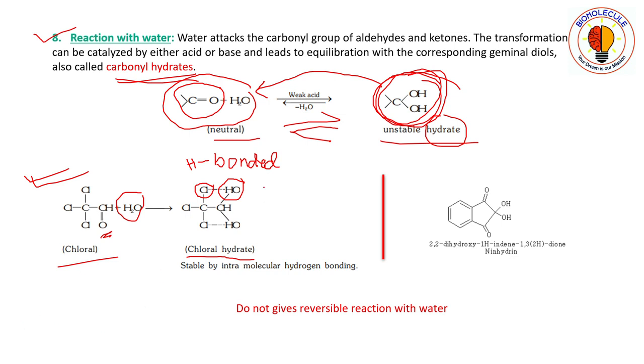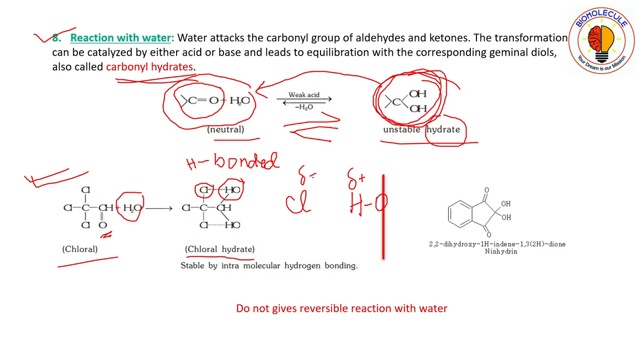See, chlorine has higher electronegativity than carbon. So the Cl will bear a negative charge, and due to the electronegative nature of oxygen, this hydroxy hydrogen will have a positive charge. Okay, del plus, infinitesimally positive charge.